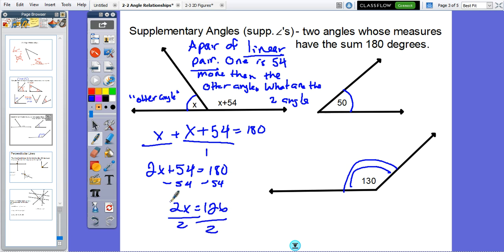Divide by 2, divide by 2. x equals 63. Now, the other angle, x plus 54, right here, ends up being 117, because it's 63 plus 54. That gives us 117.